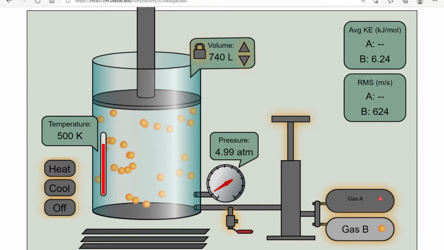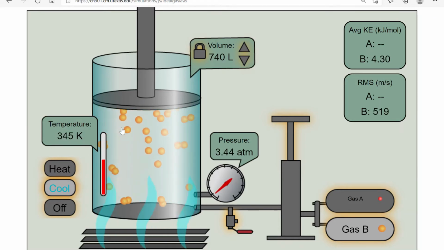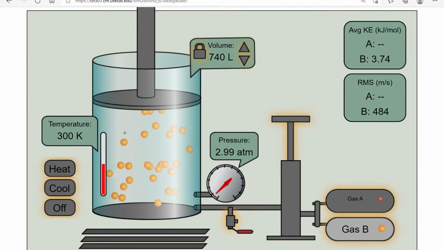So sebab itulah bila kita increase the temperature, awak kena tengok dekat average kinetic energy belah kanan atas ni. Okay, tengok bila saya increase the temperature, average kinetic energy pun increase. Tadi 5 something, sekarang 7.48. So kalau kita cool it down, average kinetic energy pun berkurangan. Bila berkurangan, kita punya gas pun slow down kan.